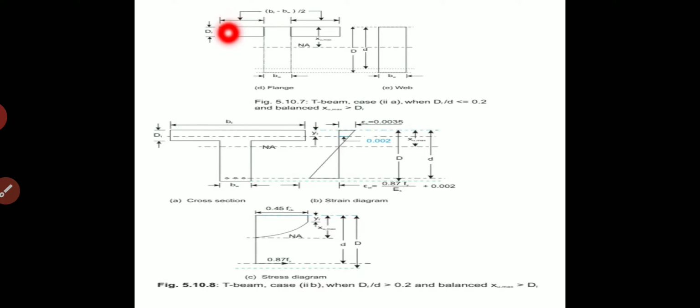Here this portion and this portion, where the width of web is deducted from the flange width. So the width of each flange portion is now width of flange minus bw, divided by 2.